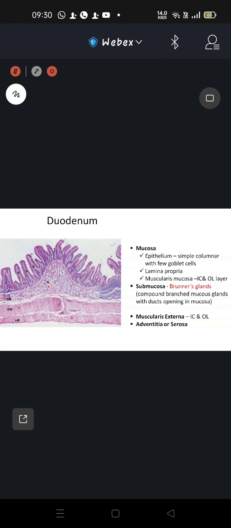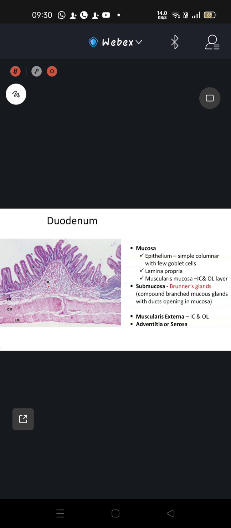What about the villi? Duodenal villi are known as leaf-like. They are lesser in number, but they are broader, and because of that, the crypts of Lieberkühn are straighter.